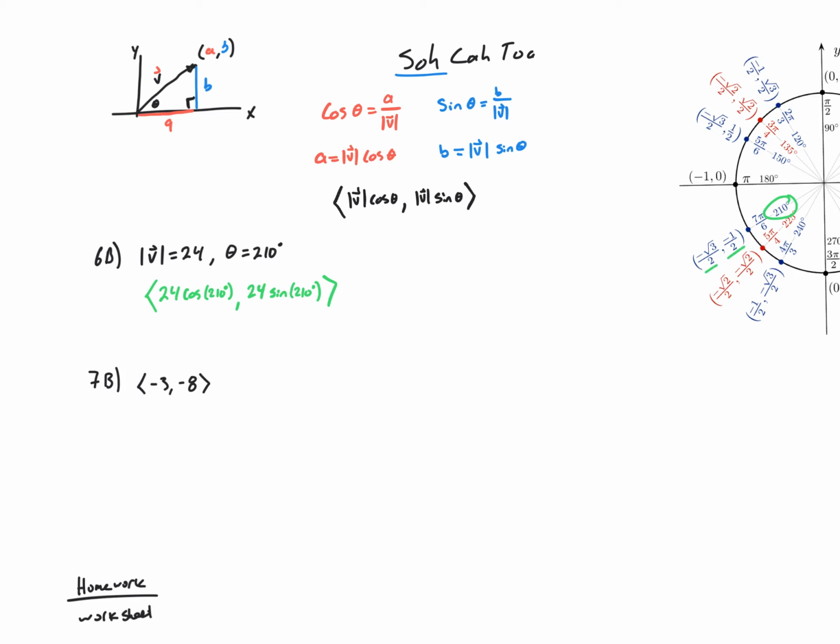So these are going to be our two values. x is the cosine, y is the sine. So this is going to be 24 times negative square root of 3 over 2, and 24 times negative 1 over 2. So that is going to be negative 12 root 3 and negative 12.